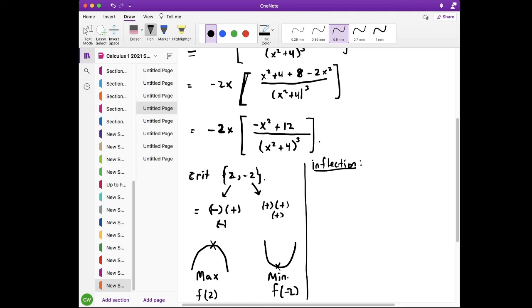Is the second derivative ever not existing? No, it never does not exist.